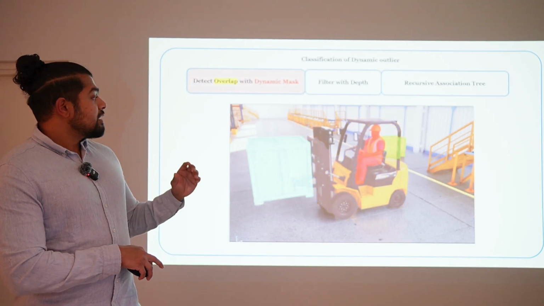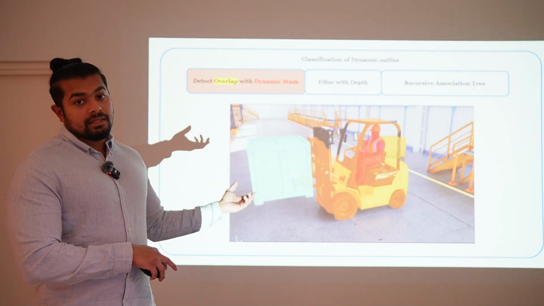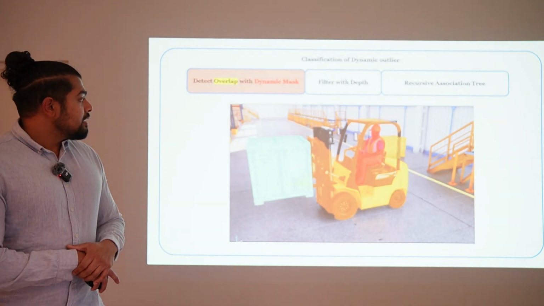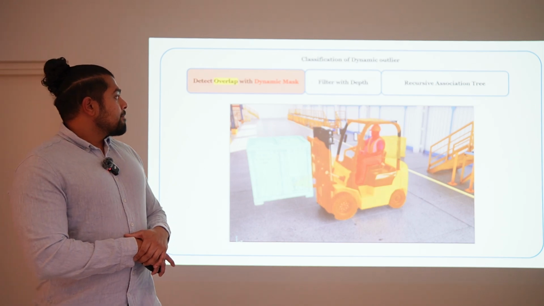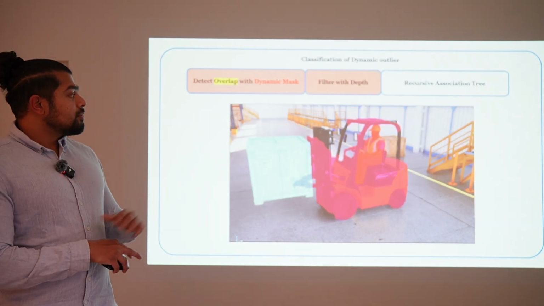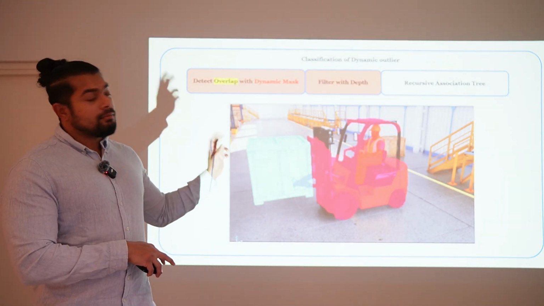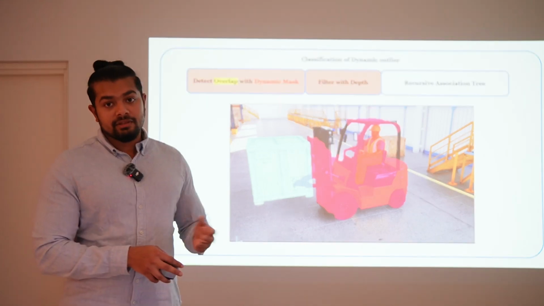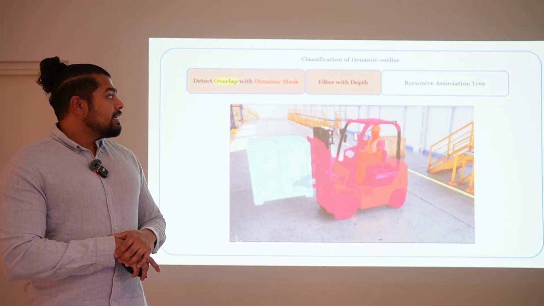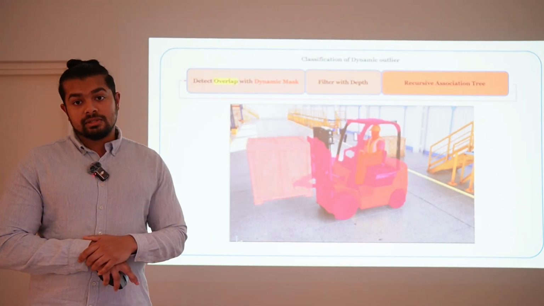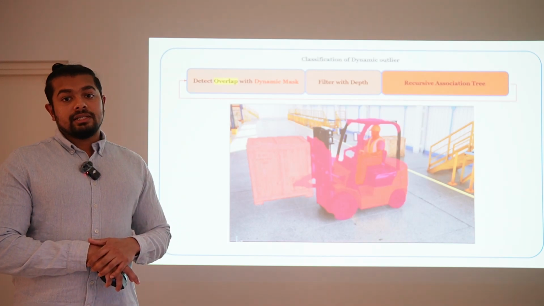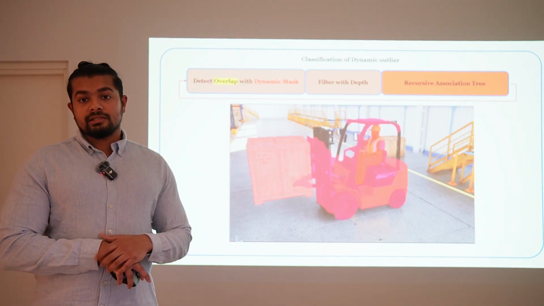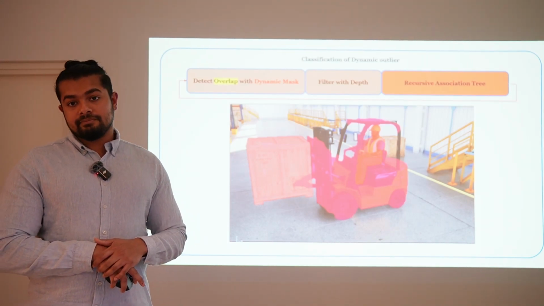When we detect it, we have marked it in yellow here. And then we filter out objects like the box in the background using the depth information available. And then we repeat these two steps recursively to detect all the other dynamic objects available in the frame.